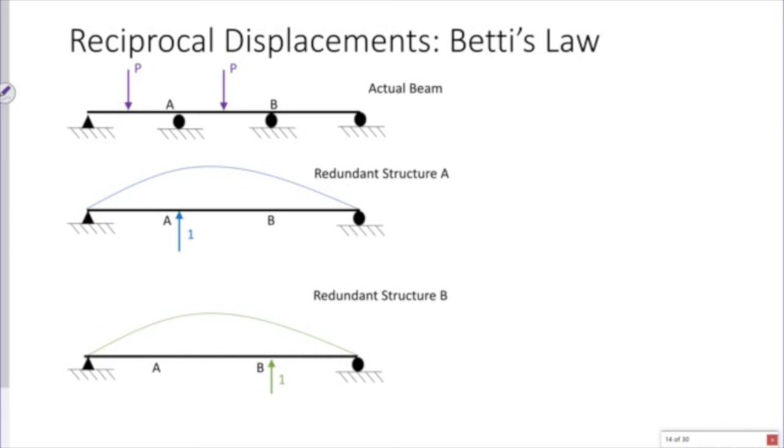So let's say I have 2 different redundant structures where I apply unit loads.